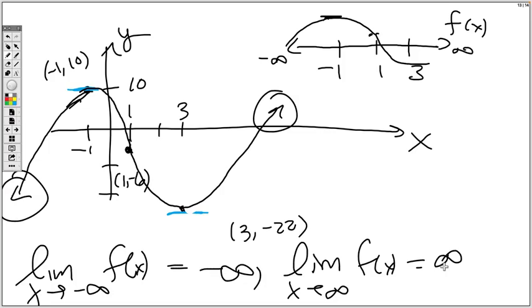Because if I can look at those limits and I know how things are going, then I've got a pretty good graph. So do you see how we piece together the information interval to interval? That's kind of like how I like to do it. I do a first derivative analysis, second derivative analysis. You plug in to find all the key points on the graph where things are changing, and then you just kind of piece it together. Make sense or not?